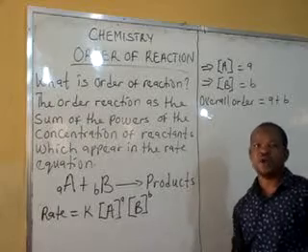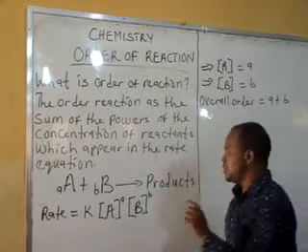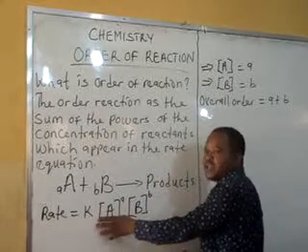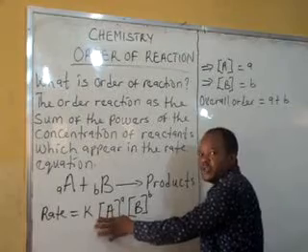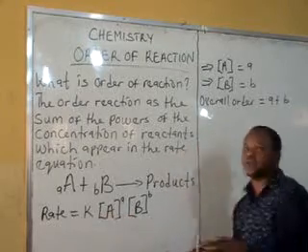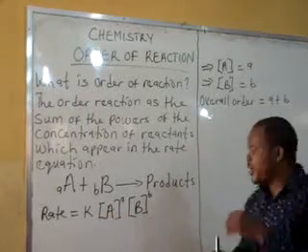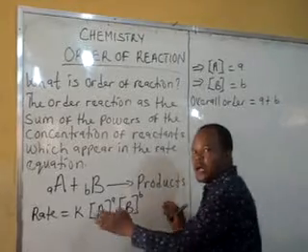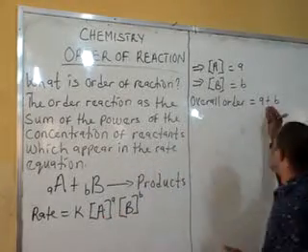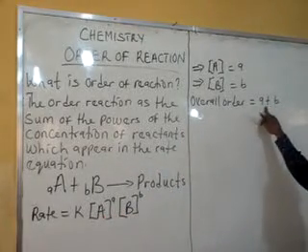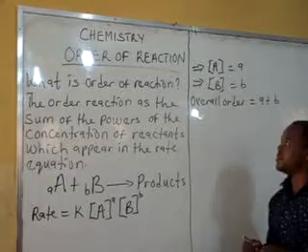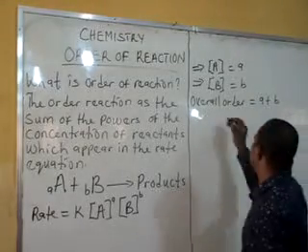If they ask you order of reaction in respect to a particular reactant, just know that it is the power of the concentration of that reactant. But if they ask you for the overall order, then you add all the powers of the reactants together as shown here.